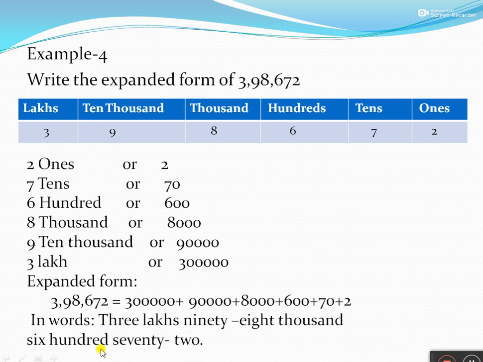Now you see in words also: 3 lakhs, 98. What is the period? Thousands. So 98,000. 6 is separate, because hundred is a separate value. So 600. Tens and ones we have to say together. 72.